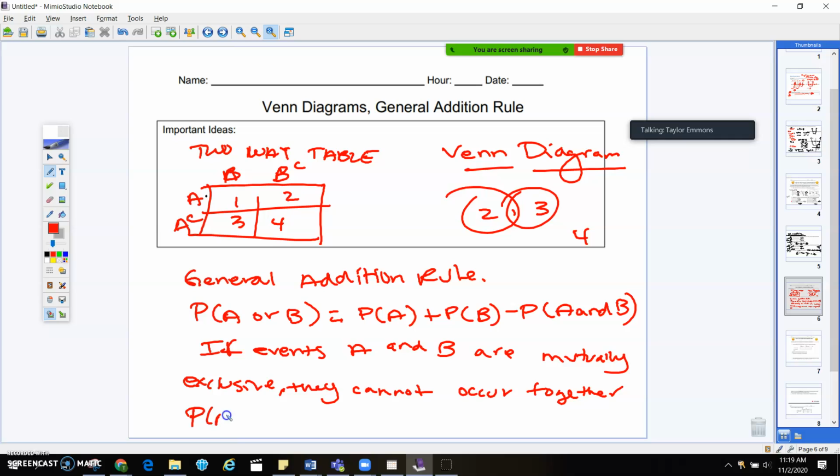So that means that the intersection of these two is going to be equal to 0.